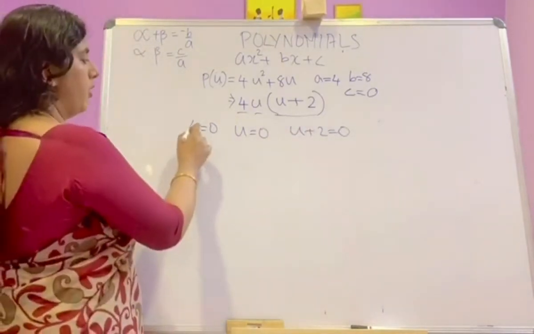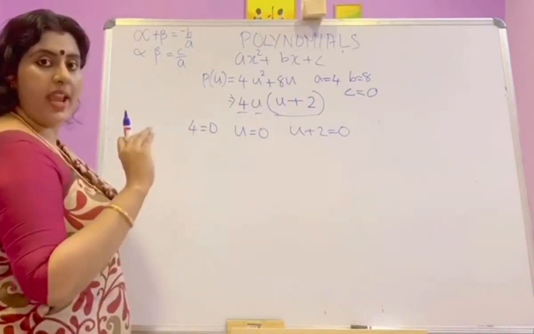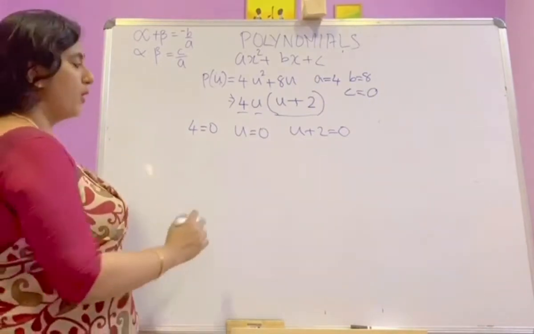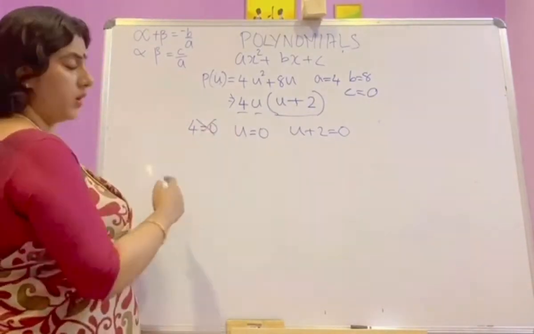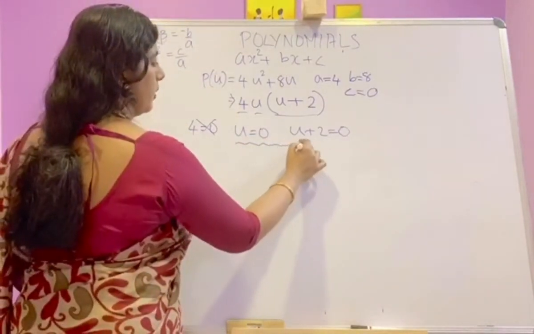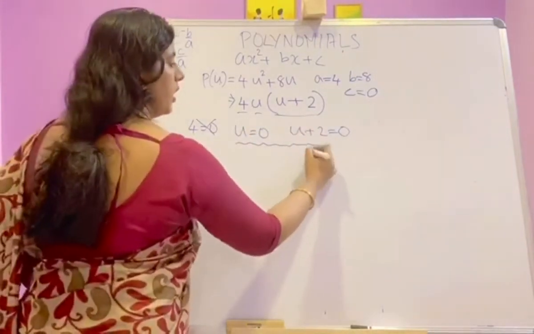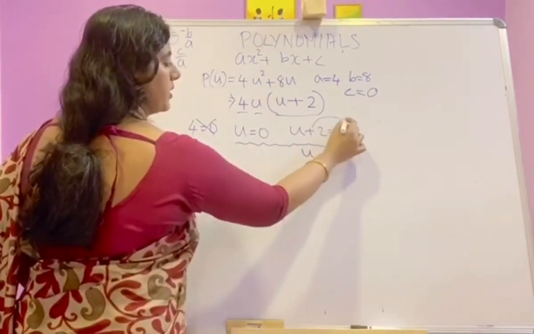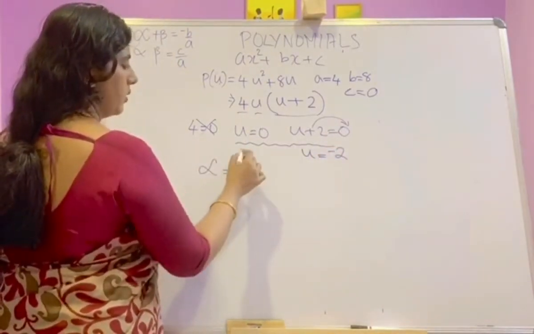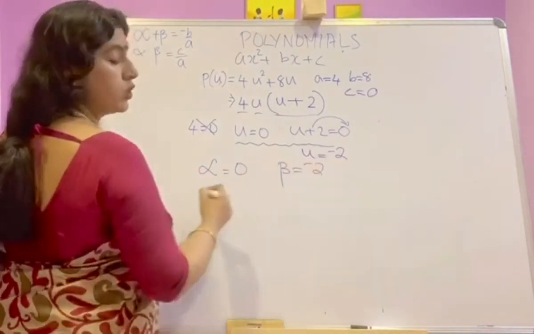Now 4 is a constant and a constant will never change its value, that is 4 will never be equal to 0. So you can't take this condition. So the remaining ones are u equal to 0 and u plus 2 equal to 0. From this, u equal to, plus 2 is going this side, so it becomes minus 2. So alpha, that is one zero, is 0 and beta is negative 2.